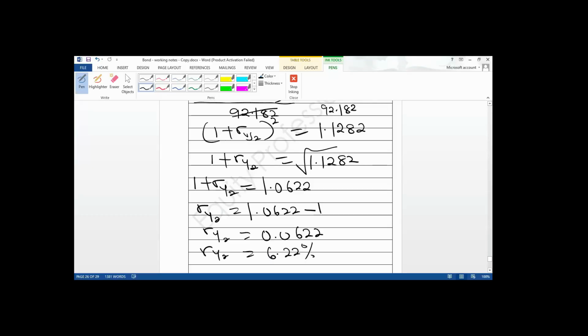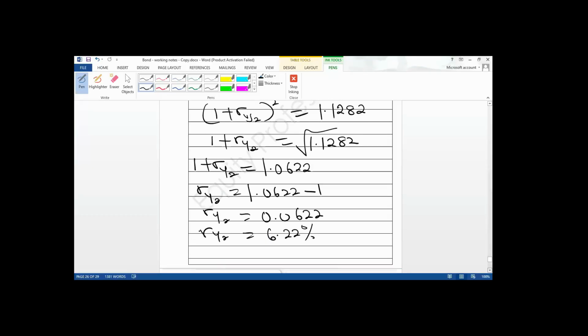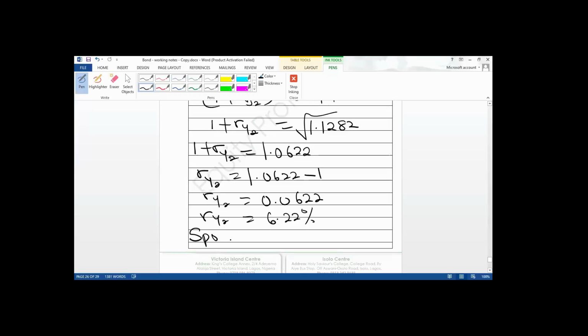That is the spot rate for year 2. Spot rate for year 2 is equal to 6.22%. Next.